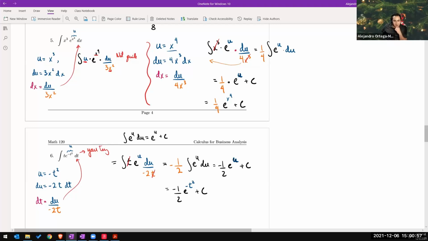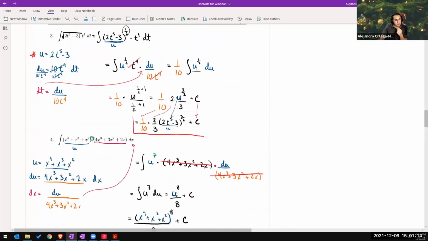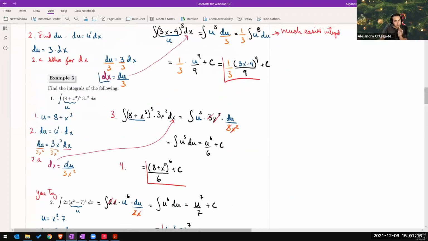All right. So let's keep on seeing more examples, because with u substitution, they might come in very different forms. So I want you guys to see more of the problems that you might encounter. Now, so far, in general, if you have something raised to a power, that is typically your u, the inside function.